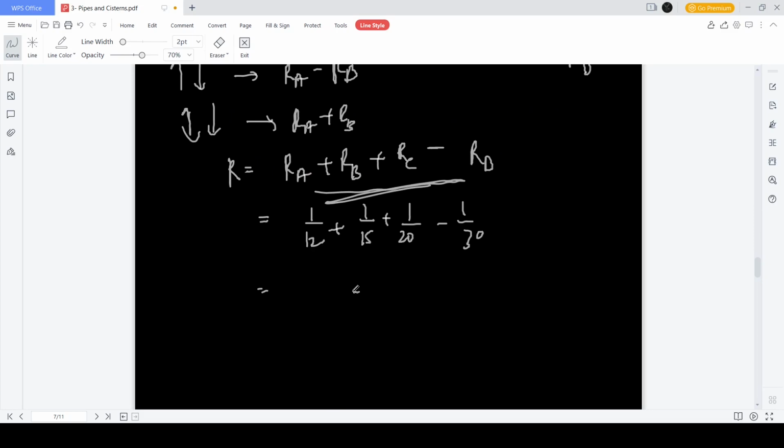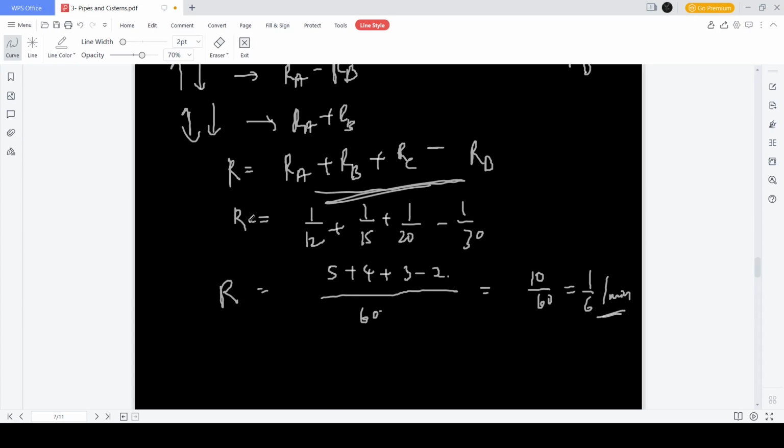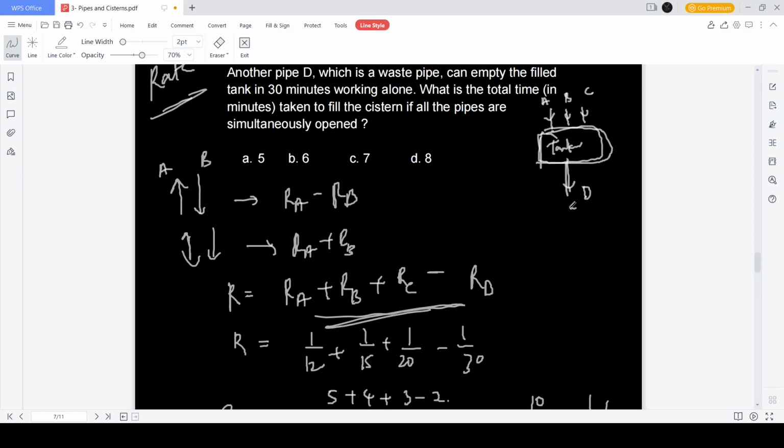The common denominator comes as 60. So this becomes 5 times, 4 times, 3 times, minus 2 times, which is 10 by 60, which is 1 by 6 per minute. 1/6 of the tank is filled per minute, even though there is outflow as well as 3 pipes inflowing.